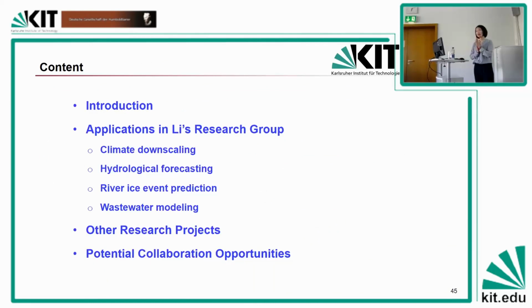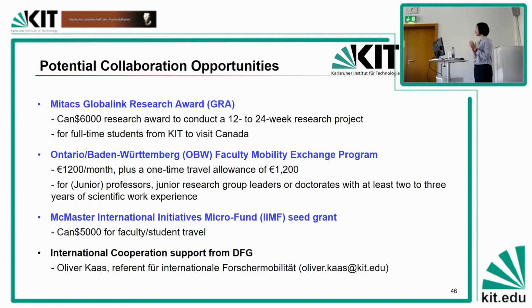So that's what I want to cover, because I know this is outside of meteorology or atmospheric research, so I left a lot of technical details outside. Like I said, I was just hoping I can show you all different kinds of problems that machine learning can help solve. So now I want to wrap up with some potential collaboration opportunities.